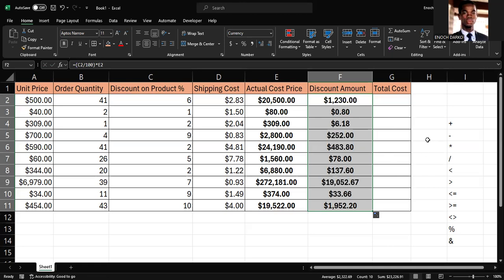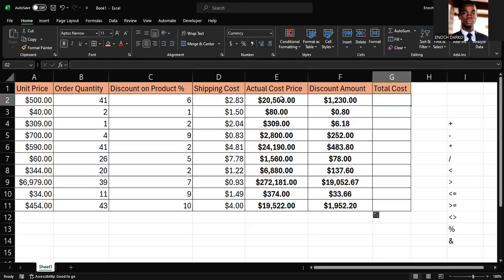Now let's move on to the total cost. How do we calculate the total cost? You can pause the video, then figure it out. Okay, we'll move on. This time around, our total cost means the amount payable.